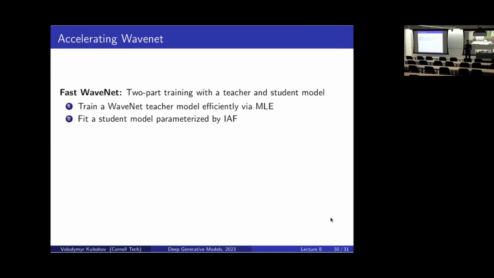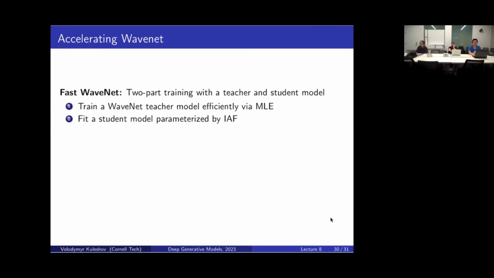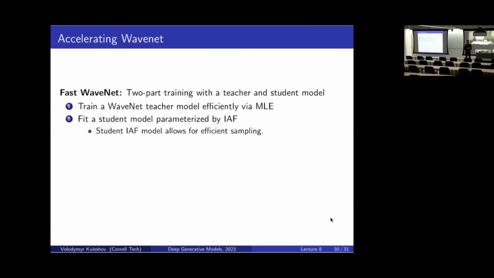And then to make it fast, after we have learned the original WaveNet model, we're going to train an IAF model to mimic the original WaveNet. And that's going to be tractable because, first of all, we can efficiently sample from an IAF. That was the first requirement on the student model.